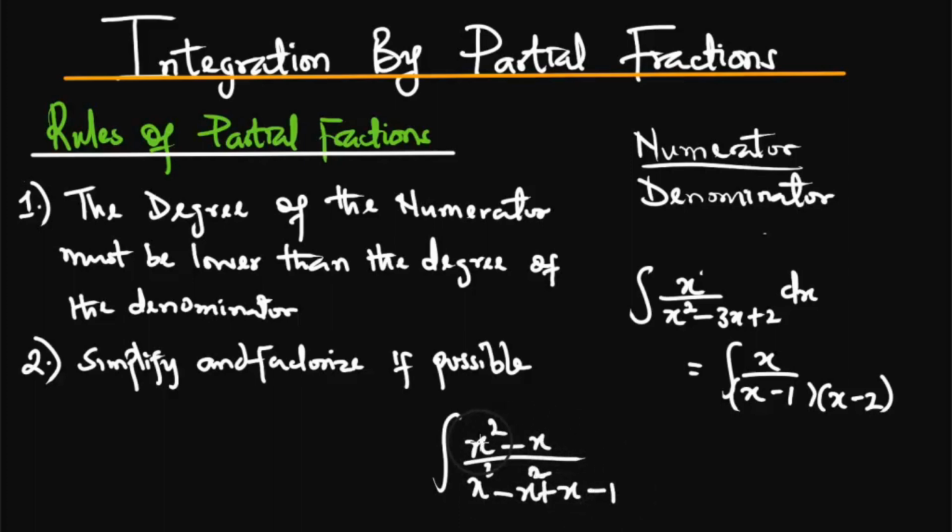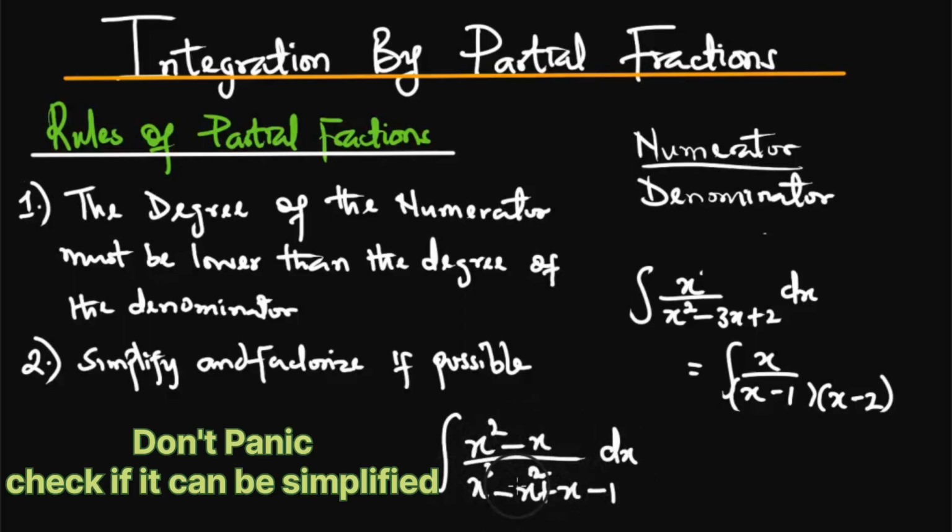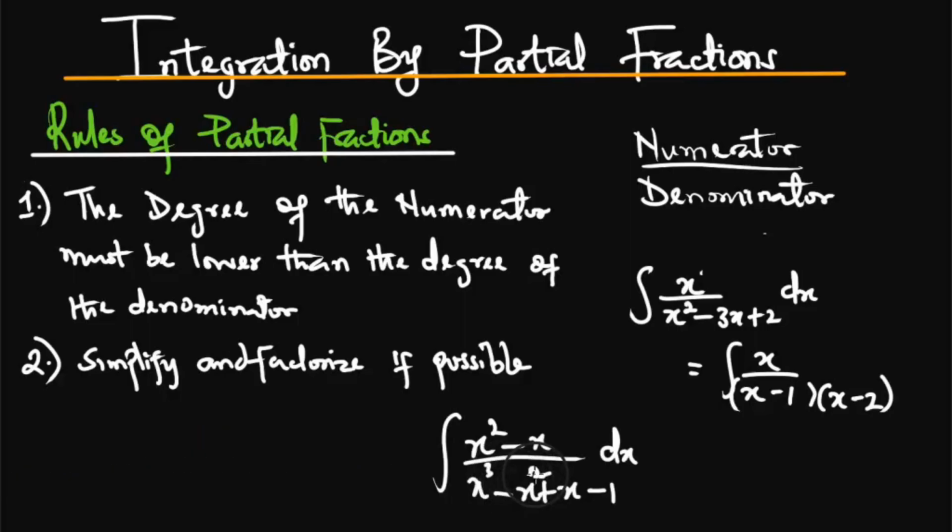We can simplify. So whenever you're given a question that looks kind of bulky or too voluminous, you can easily try to simplify first. So we're going to check if it can be simplified or factorized, right? So we can factorize the numerator, to have x times x minus 1 divided by the denominator.